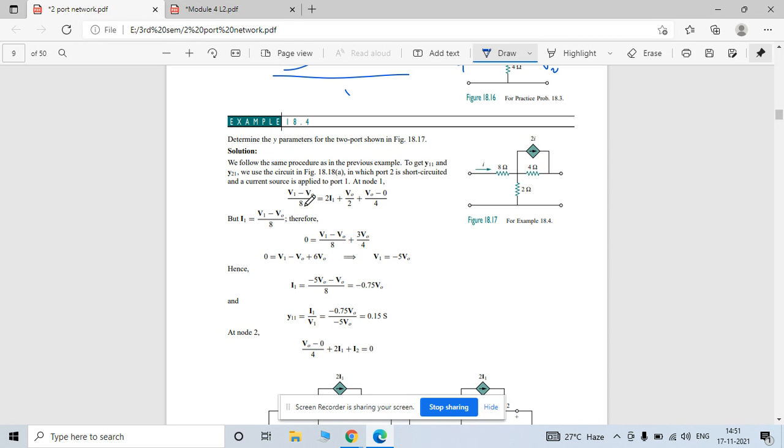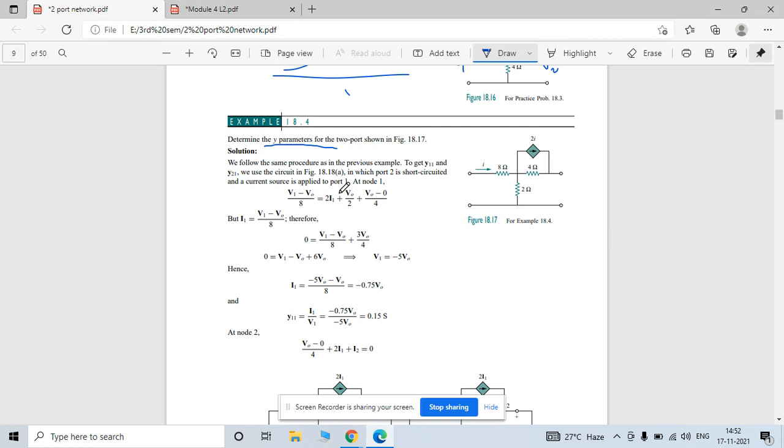Now see here, what is taken here. Now see, here you need to find out the y parameter of this two port network. So here we are going for the KCL equation. So how to find out? To get y11 and y12 of this circuit, the second side port is short circuited.